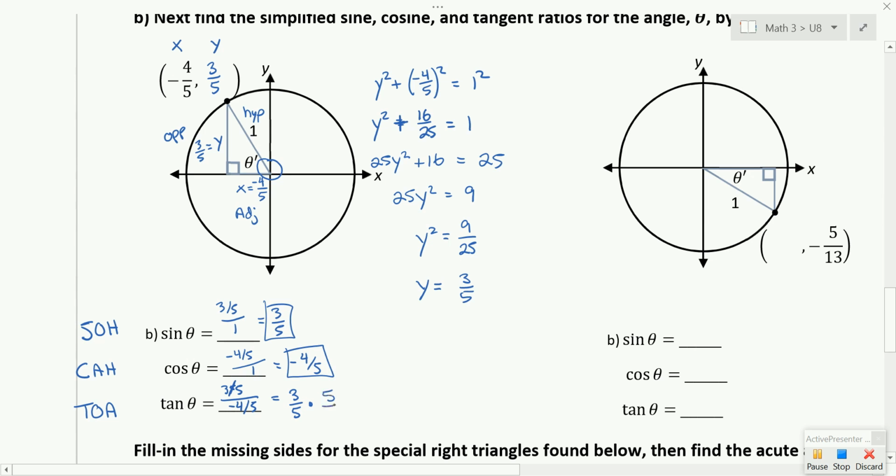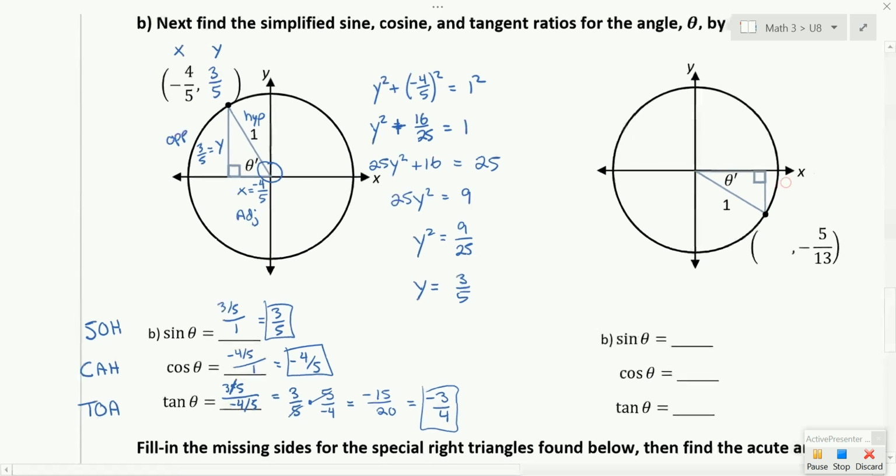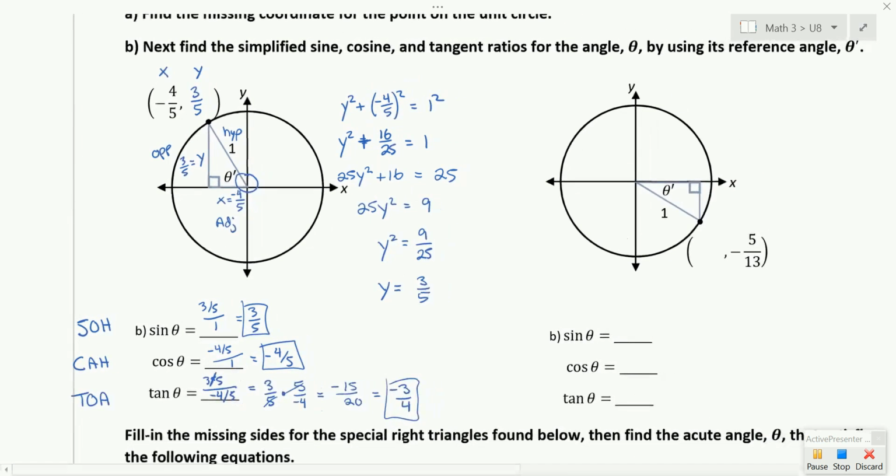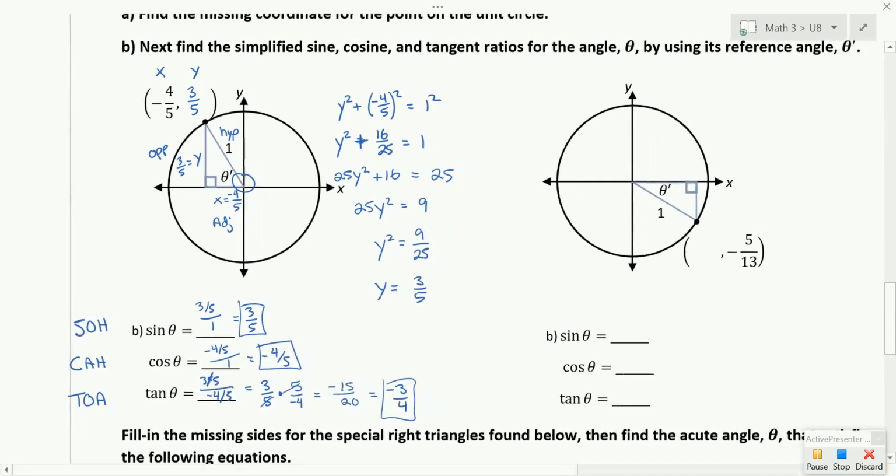So flip that fraction over. And so we get negative, because it's a positive times a negative, 15 over 20, which reduces to negative 3 over 4. If you wanted to, you could have gotten that negative 3 over 4 a little quicker by canceling those 5s out. Okay. So I want you to try the same thing on the problem right next to it. Okay.